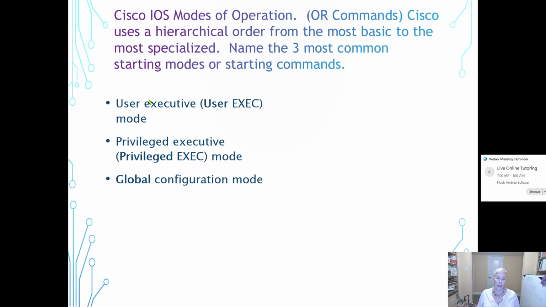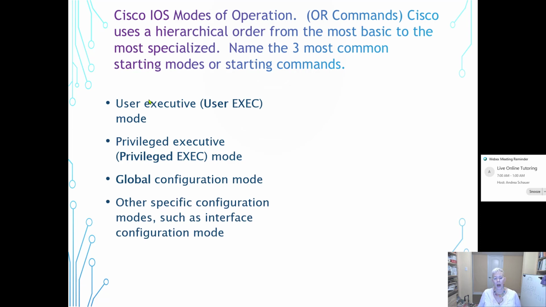And then the third most common mode is global configuration mode. So you enter in each of these modes to move into the next mode. There are other specific configuration modes that you can access once you're in global mode. You have to be in global mode to access the more specialized modes.